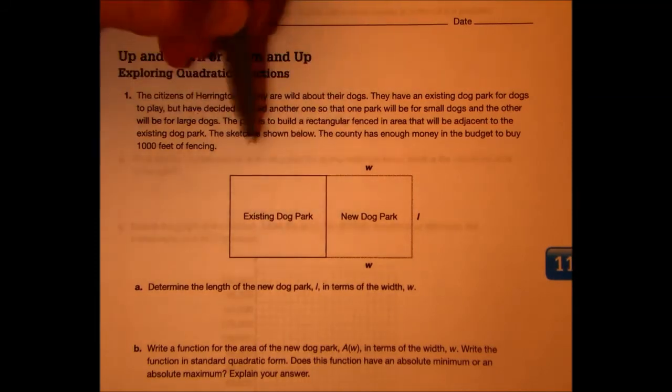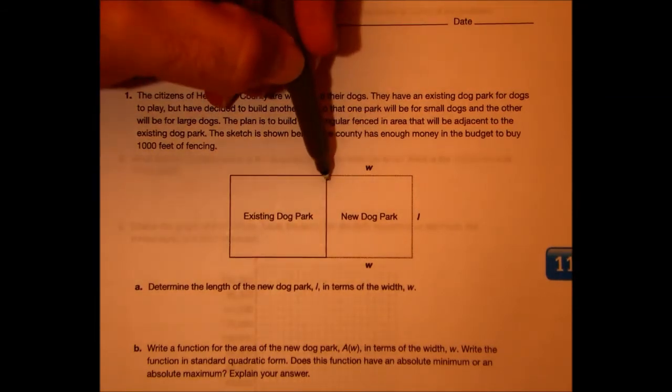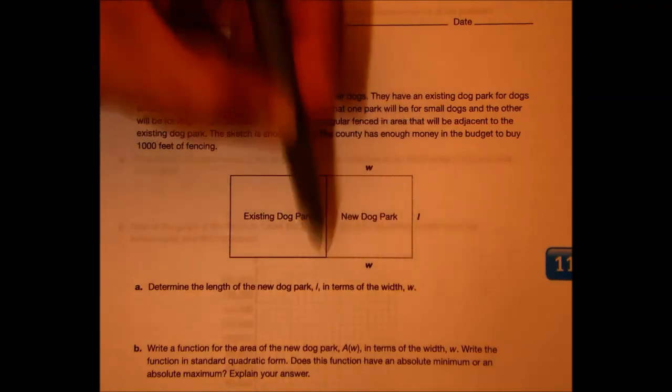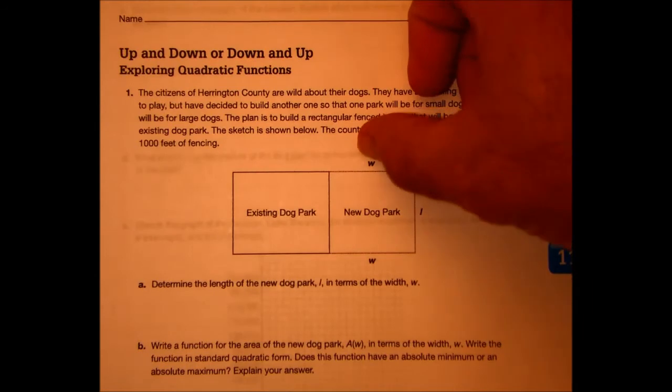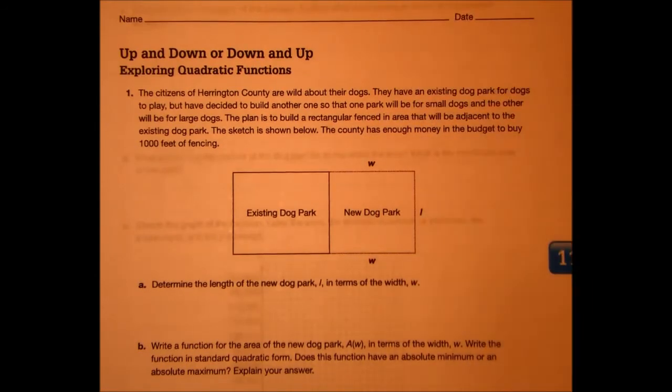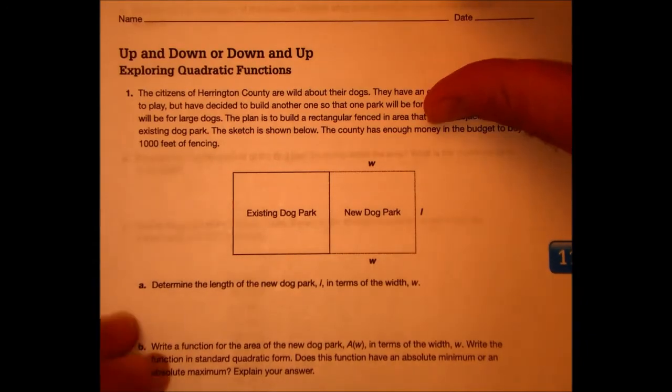The sketch is below. Notice they're only adding how many sides to this? They're only adding 3, okay? They're adding this side, and this side to the existing park. All right, so what do we do? Well, we know how to write that equation.